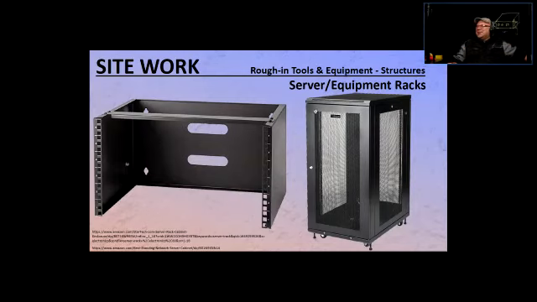All right? And they have different shapes by different manufacturers, but they all follow the standard of the equipment that is mountable on the racks. Sometimes you can just buy the rails and make your own rack.